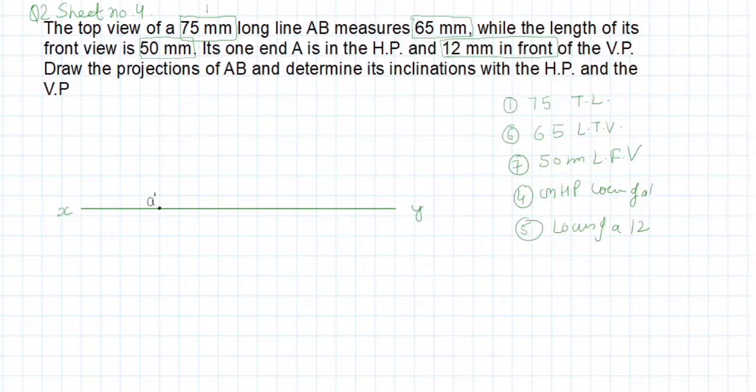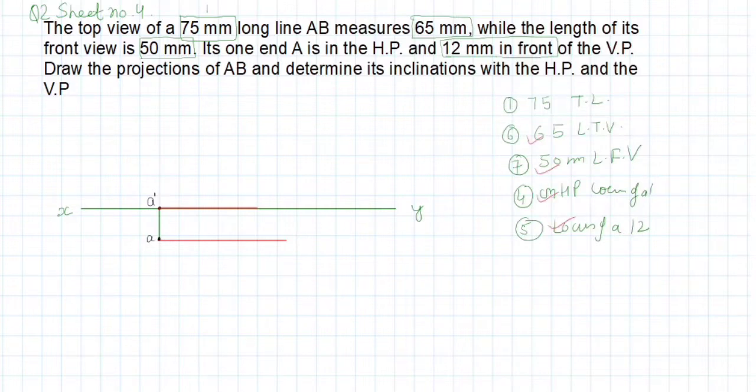The next point A is 12 in front, so this is the point A. Then we have the length of the top view as 65, so we will make a line, in red color, representing the length of the top view, which is 65, and the length of the front view, which is 50. So these four data we have used here.